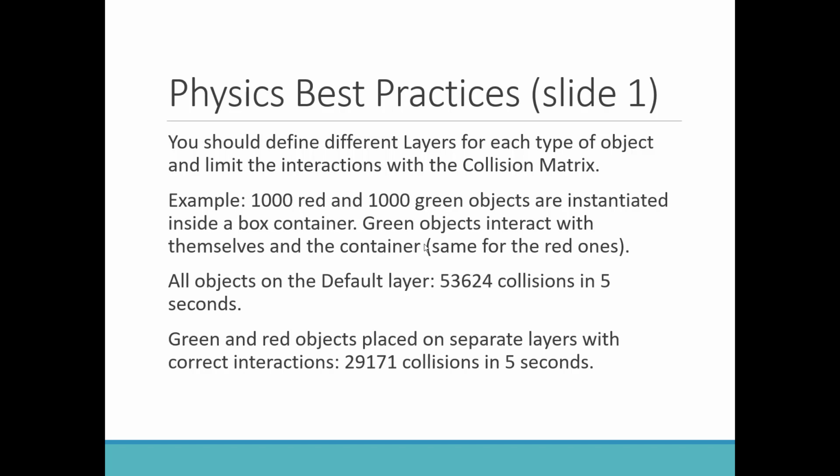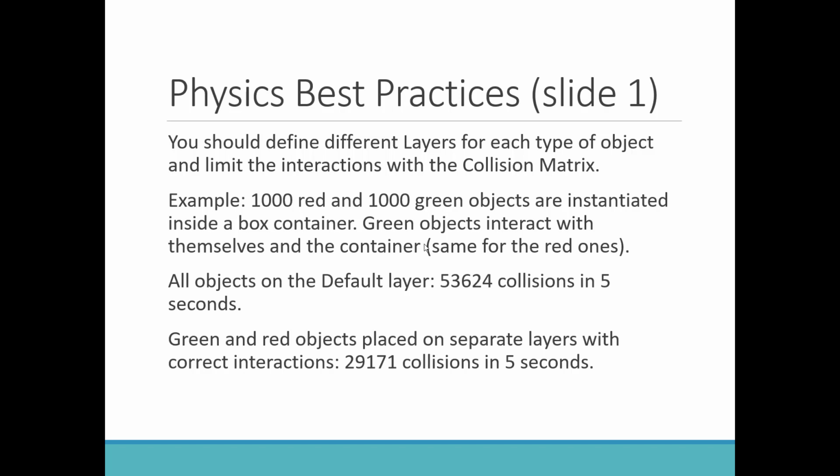So for example, somebody did an experiment. I didn't do it, but it was similar to what I had there. Instead of having 5 or 6 or 10 red and green objects or blue and green objects, they had 1,000, and they were all inside of box containers, all able to interact with each other. After 5 seconds, 53,624 collisions were detected.